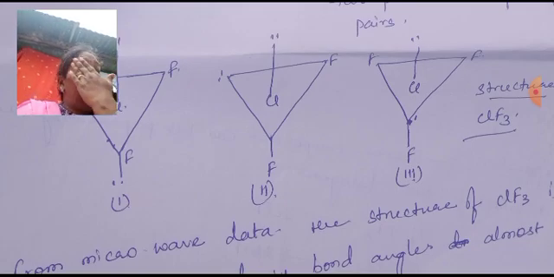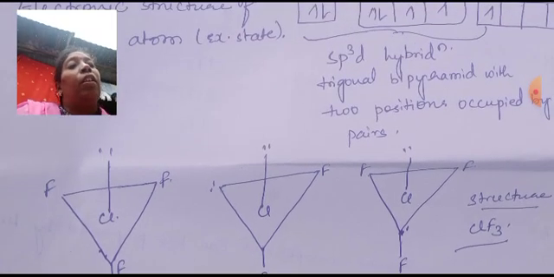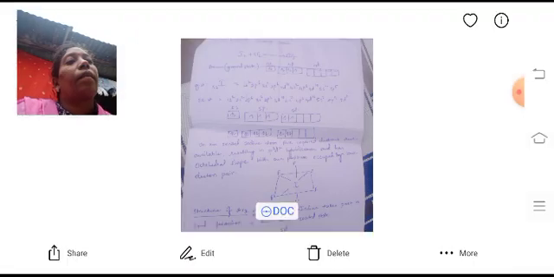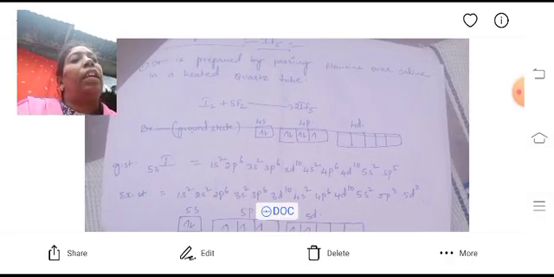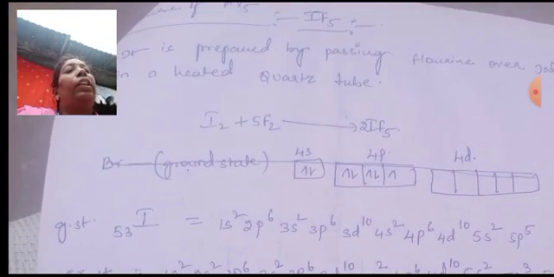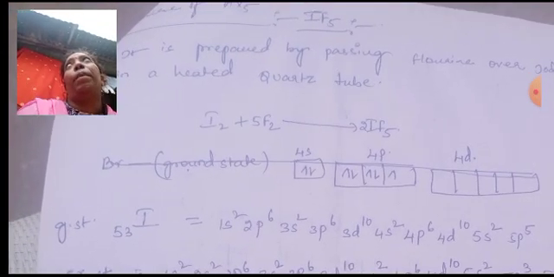This is about the AX3 type, second type. Now we'll go to the third type, AX5 type. First we'll go to the preparation part.